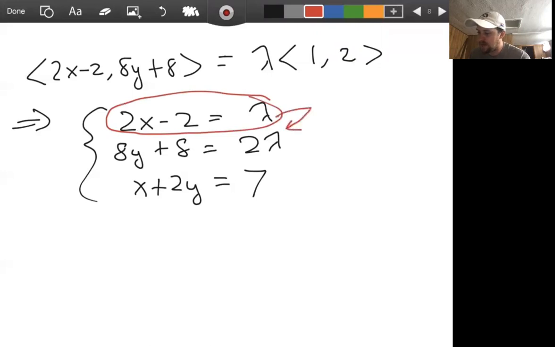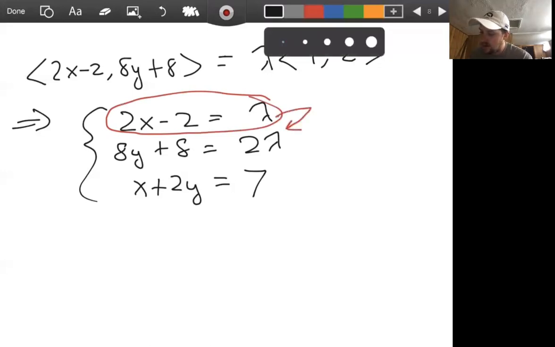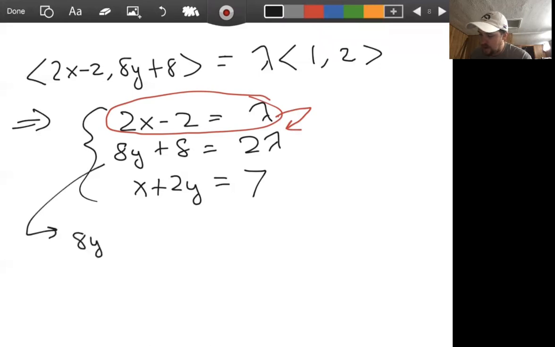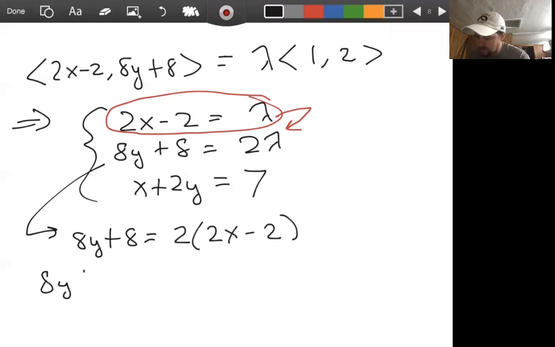And so I can plug that in down here, which will then give me that the second equation reads 8y plus 8 equals 2 times 2x minus 2. And so 8y plus 8 equals 4x minus 4.